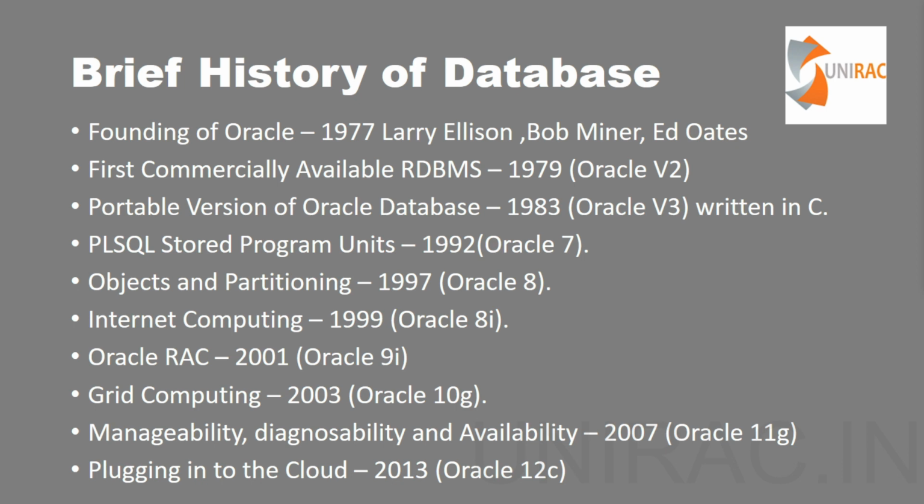Then plugging into the cloud, released in 2013 with the 12c version. We have the feature of multi-tenant architecture, in-memory column store, and support for JSON documents. One of the major features, multi-tenant, helped us a lot to reduce cost and improve service levels for users.